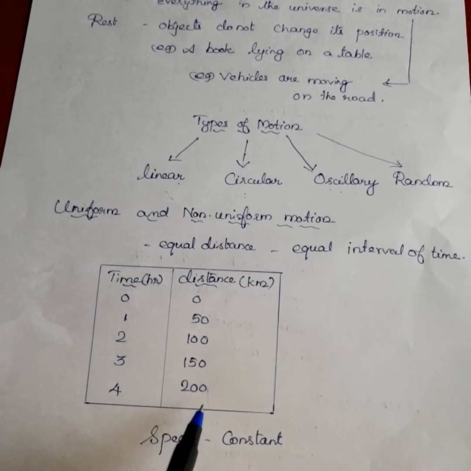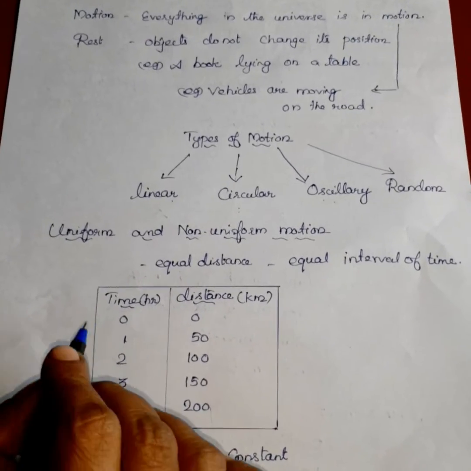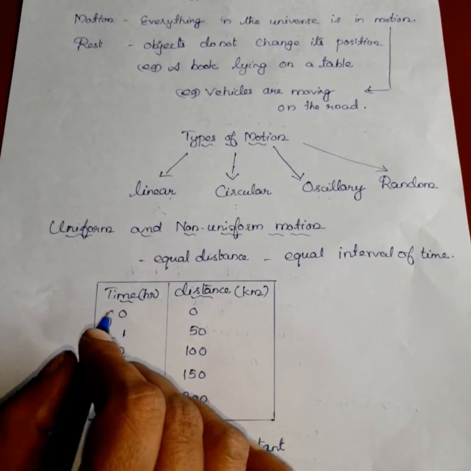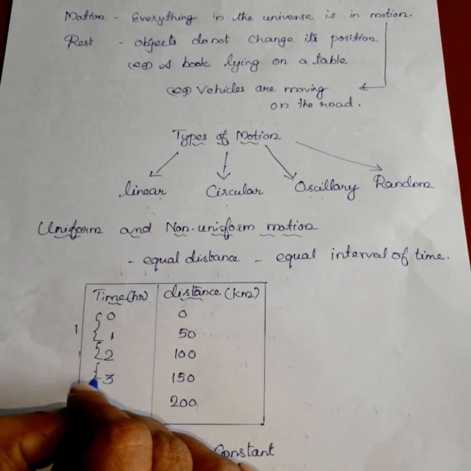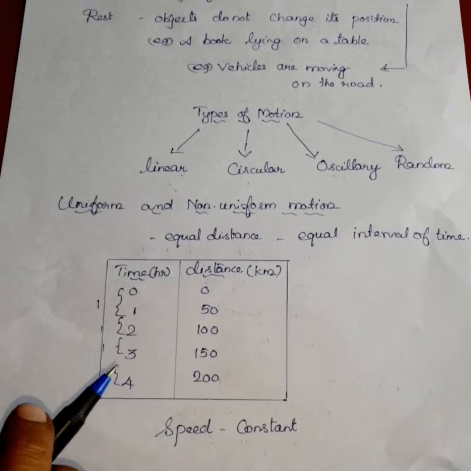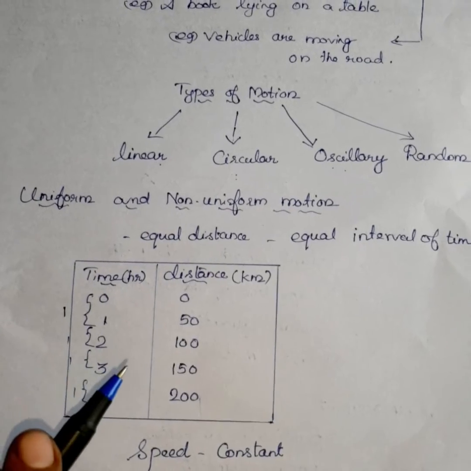Now you see the time interval. 1 minus 0 is 1, here also 1, here also 1, and here also 1. So the time interval is 1 hour.